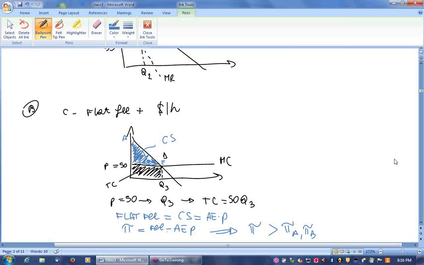Okay, so by the theory, it's something that I can't explain here because it's a theoretical result. Every time the monopolist can charge a flat fee and a per hour price, it will charge the price per hour exactly as the marginal cost, and it will charge the flat fee as the consumer surplus, okay?